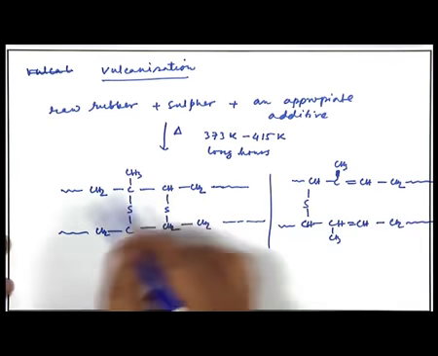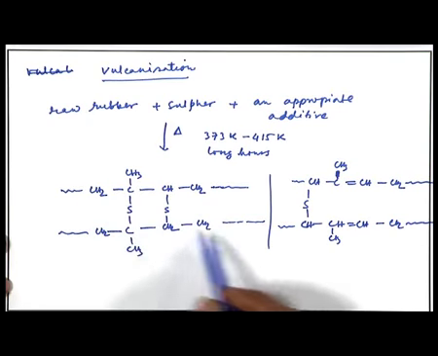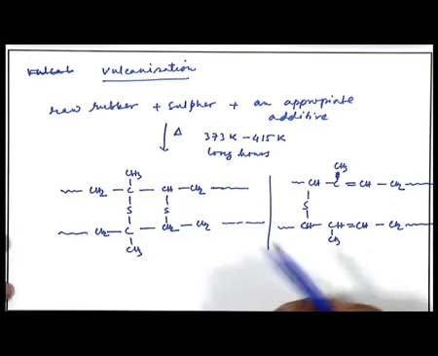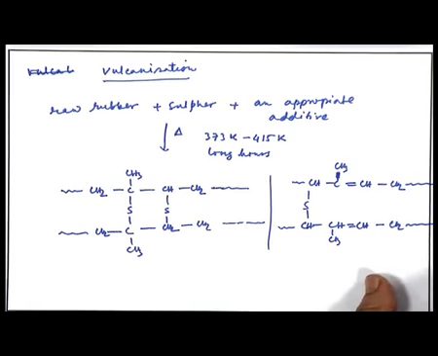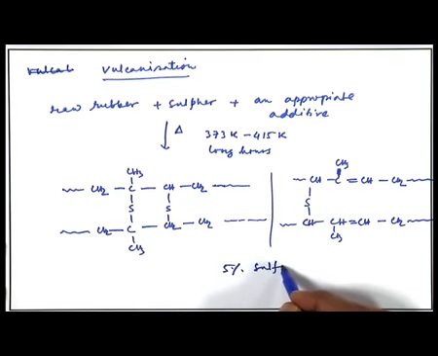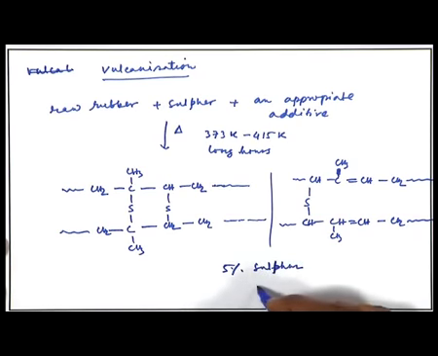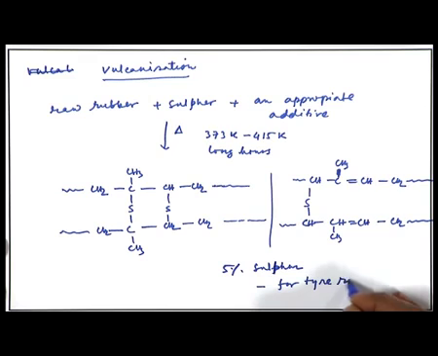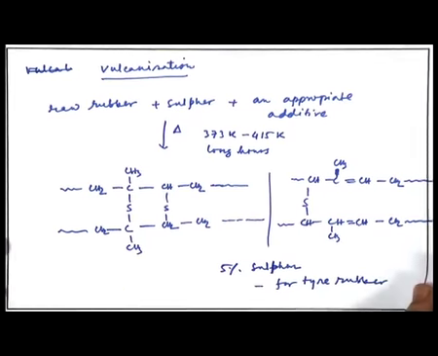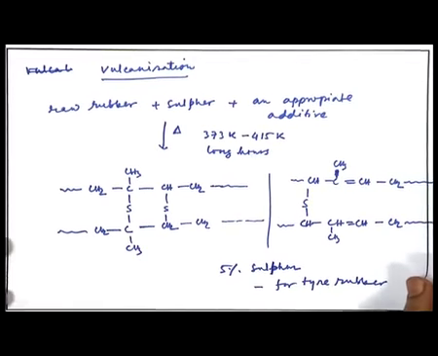So, these are basically cross linking between two natural rubber chains, which are nothing but cis-1,4 polyisoprene, what we talked about earlier. And if you add 5% sulfur, it cross links heavily, and it can be used for tire applications. So, it becomes tire rubber, and it becomes resistant to a lot of chemicals, solvents and all these things.